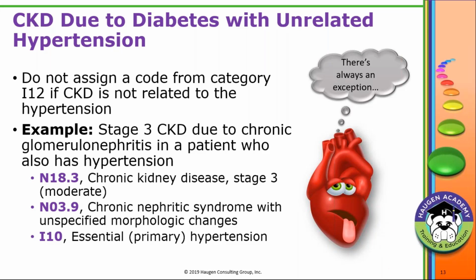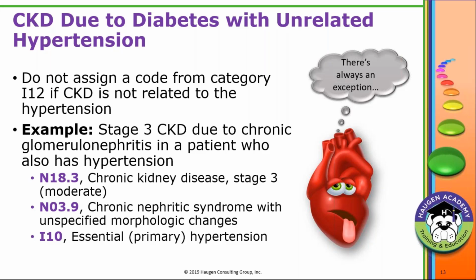But what happens when you have CKD due to diabetes but it is not linked to the hypertension? If they are saying that the diabetes caused the CKD and specifically say that the hypertension did not, then don't assign a code from category I12. The example I gave here was stage 3 CKD due to chronic glomerulonephritis in a patient who also has hypertension.